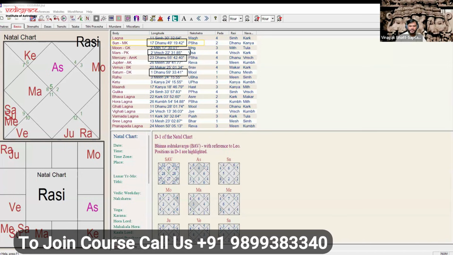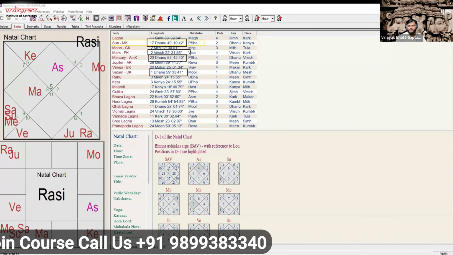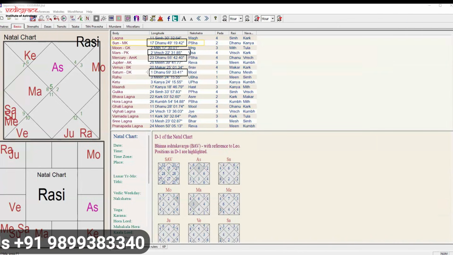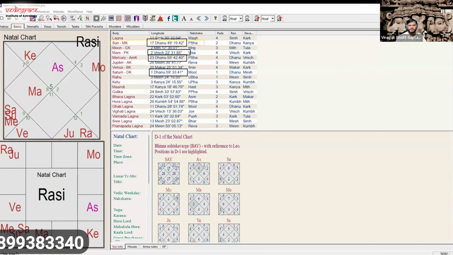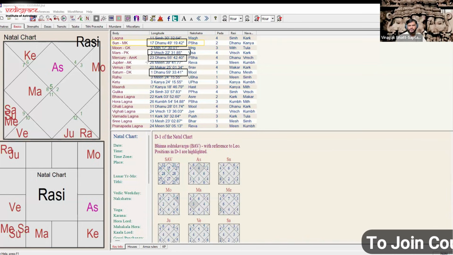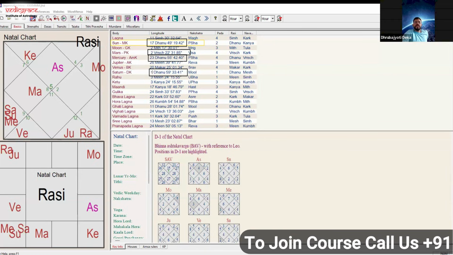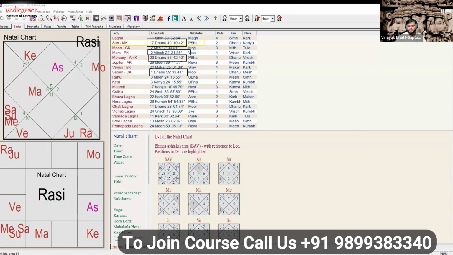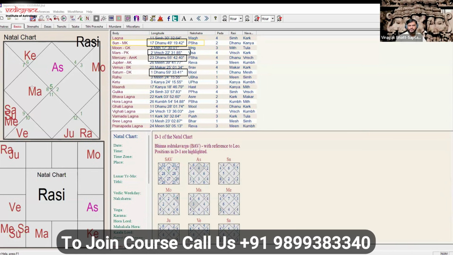Now if I want to make a prediction for Surya, father: Saturn, Sun, and Mercury. This is the combination. So Sun has already crossed Saturn, and is reaching Mercury. And before Saturn there was Mars.